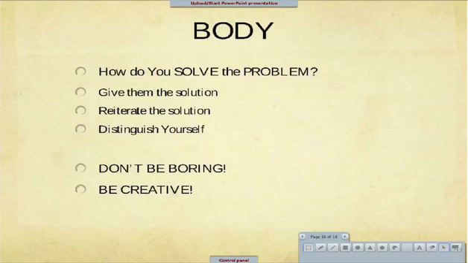If it's an infomercial, it's almost always, "Call 1-800-12345-678 right now. Take care of your problem right now with our ultra sleek, multifaceted, non-slip hangers." And then you want to reiterate the solution.